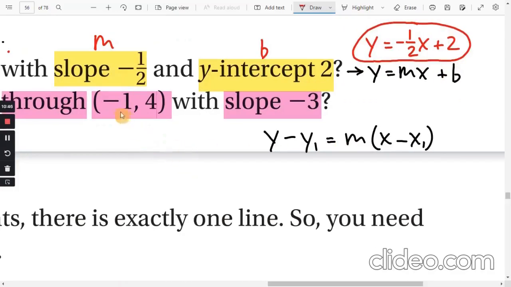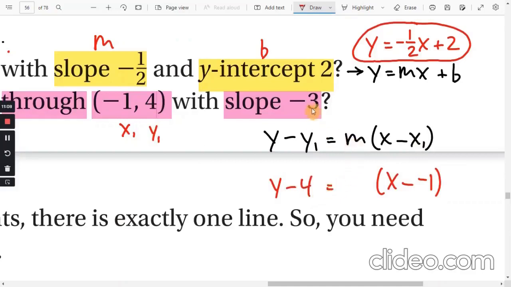All right, second problem. The point that it passes through is x1, y1. So in place of x1, I'm going to plug in -1, so this is going to be x minus -1. In place of y1, I'm going to plug in +4, so that's going to be y minus 4.